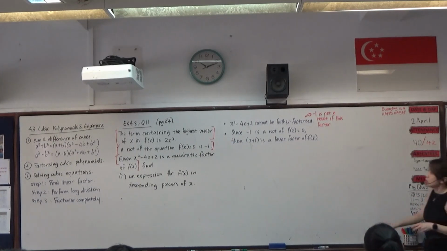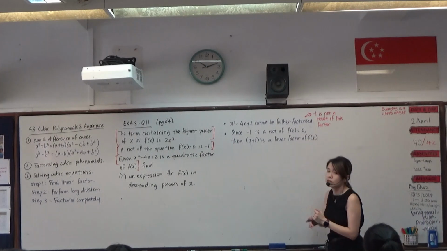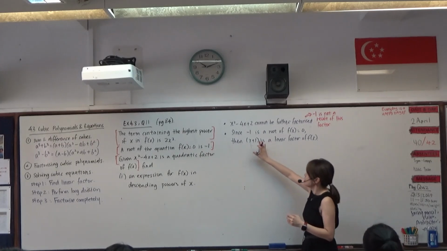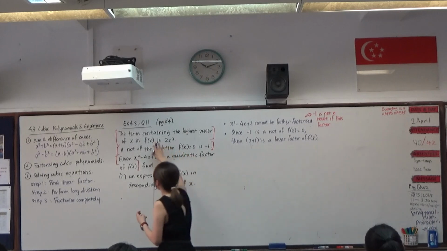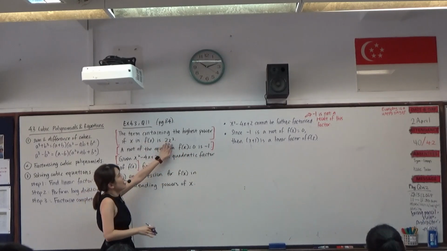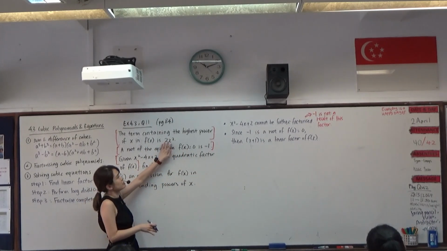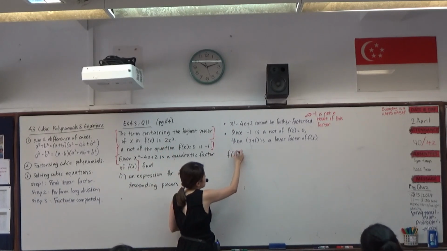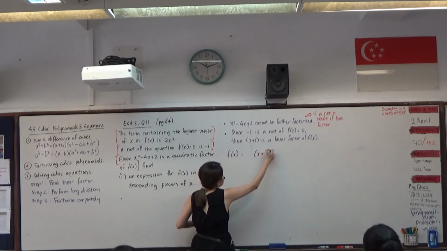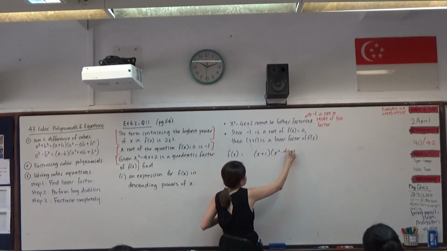Okay, so with these 2 points, what does that mean? It means that I have a linear factor and I have a quadratic factor already. And I know that my f(x) is a degree 3 polynomial because this is the highest power. So how do I form my f(x)? My f(x) must have the x plus 1, must have the x squared minus 4x plus 2.